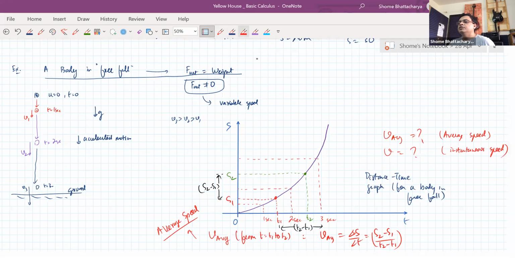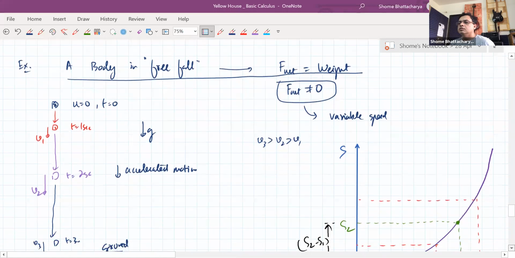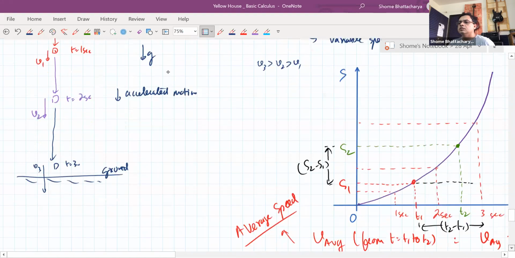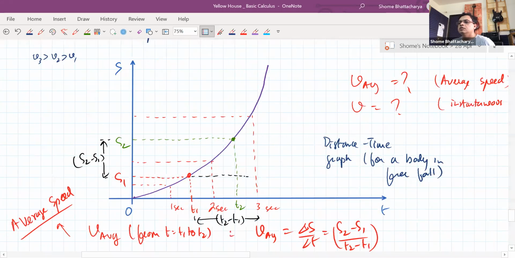If we just extend this over here, let me magnify this to make it easier to understand. So this is the interval of time that I'm talking about. This is T2 minus T1.